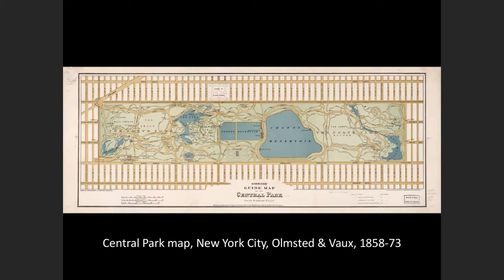So here's a nice plan view with the south end being over here on the right. And Olmsted and Vaux created something very similar to the plan of Hyde Park, in which it is largely naturalistic or picturesque planning, meant to be that when you're in the park, you feel like you are in nature. So there's not a lot of straight lines and boulevards and symmetrical, geometric garden plots like we were seeing in the Renaissance.